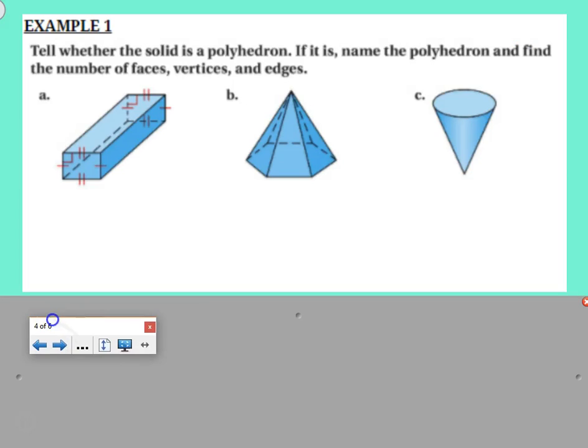All right, if you go to the back of your paper, we have some examples to practice naming polyhedra. Tell whether the solid is a polyhedron. If it is, name the polyhedron and find the number of faces, vertices, and edges. Let's start with, is it a polyhedron? For A, yes, it is, because it's made up of all polygons.